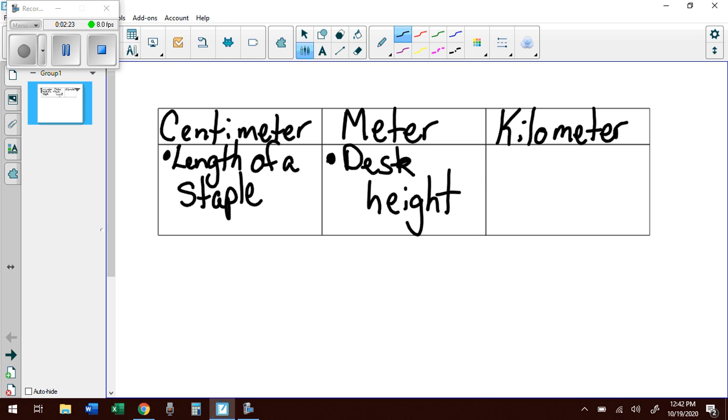Those would be what a meter is. The length of a classroom would be in meters. The length of a hallway would be in meters. A large footstep would be in meters.